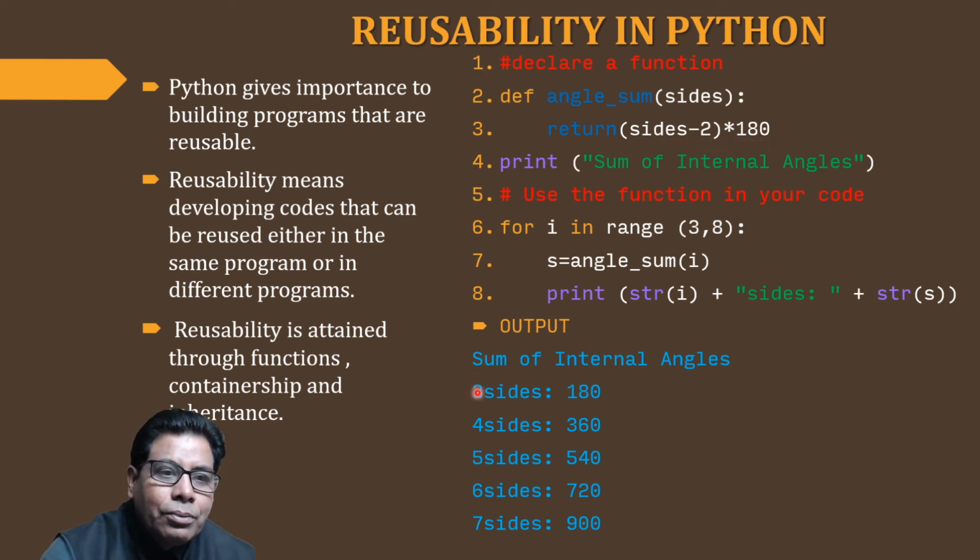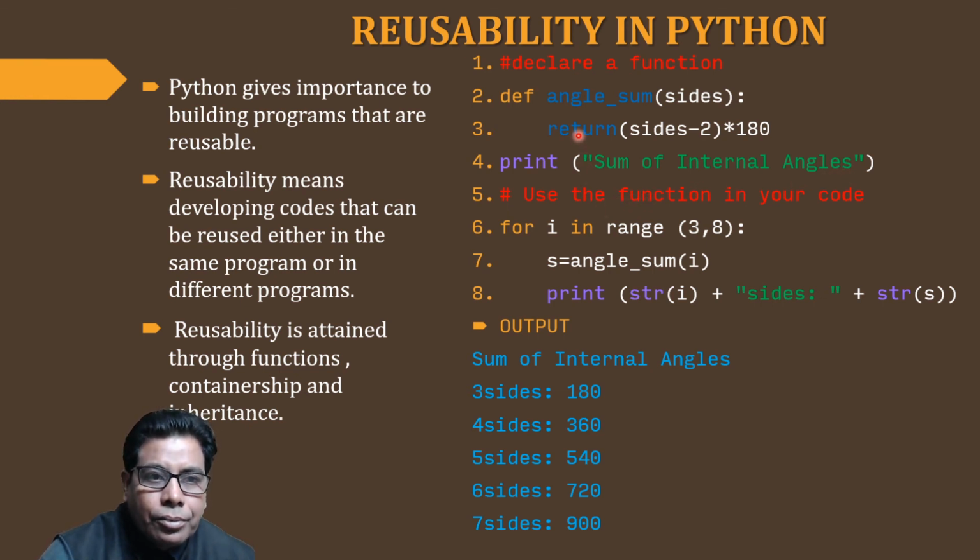For example, if we have 3 sides, then 3 minus 2 is 1, multiplied by 180, we get 180. So the sum of internal angles for a triangle is 180. Then next we print the sum of internal angles.